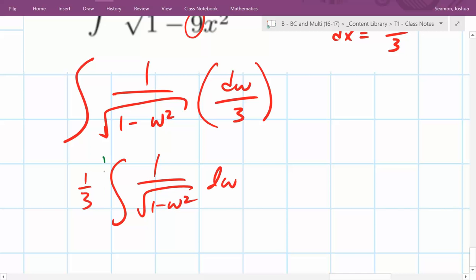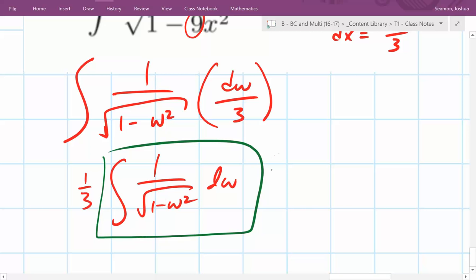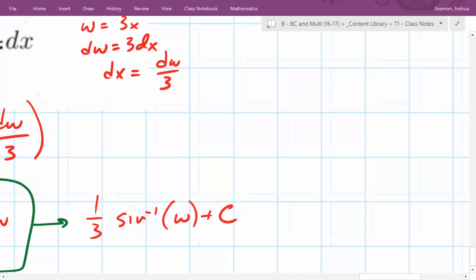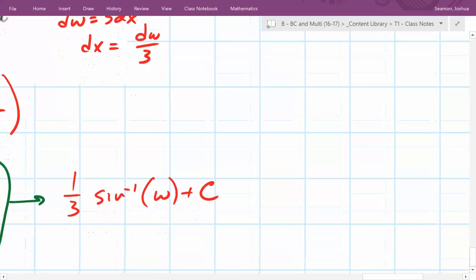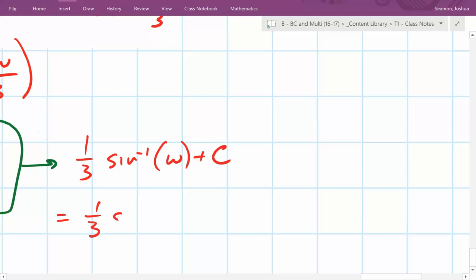This now is something that we know the integral of. So we have 1/3 times sine inverse of w plus what? And what does w equal? 3x. So the answer to this is 1/3 sine inverse of 3x plus C. There's your answer right there.